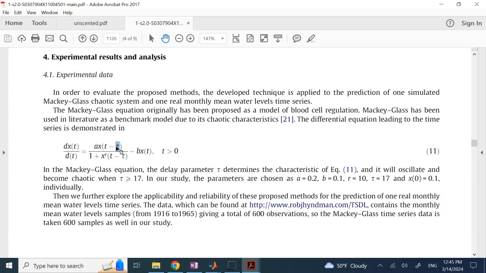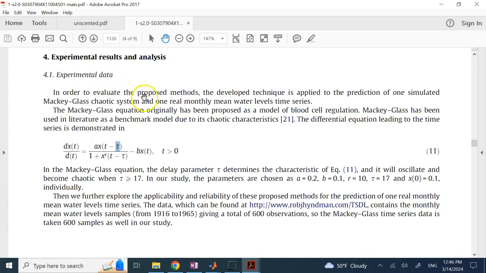This differential equation has a delay in it, and it's also a ratio over 1 plus x of t minus tau to the power r, minus b times x. So the hard part is not just the ratio, it's really the delay that makes this equation a little bit chaotic and hard.